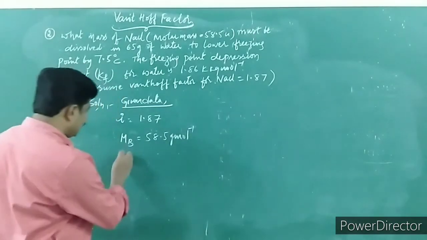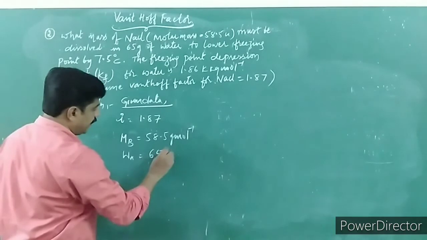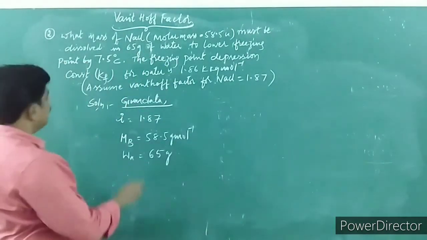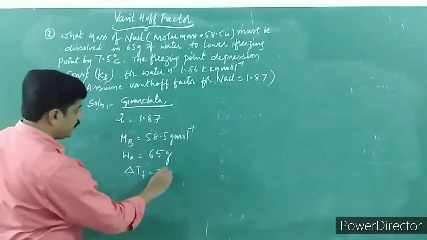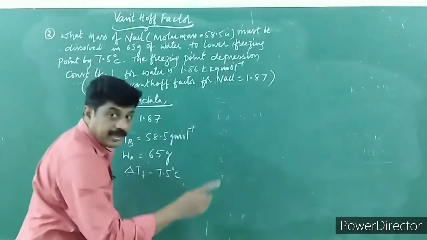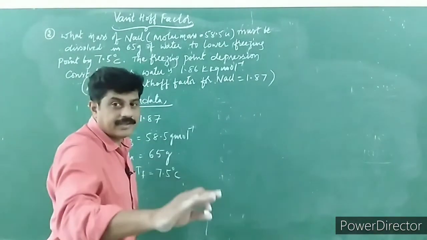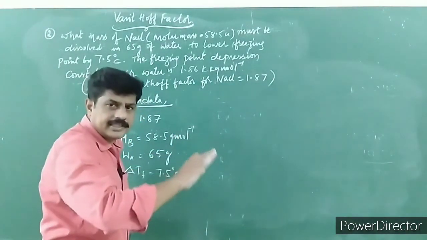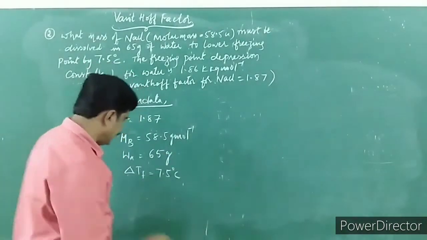WA is given, weight of water, that is 65 grams. Children, delta TF is given, depression in freezing point, it is 7.5 degrees Celsius. Remember, if it is given in degrees Celsius, keep it as it is. Don't convert that into Kelvin. If it is given in Kelvin, you take it as Kelvin. If it is given in degree centigrade, you take it as degree centigrade only. No need to change. Hope you understand that.